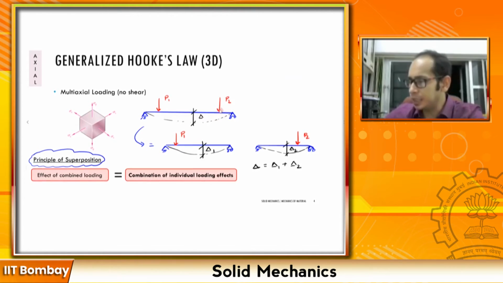Essentially what I did, I just took this beam and expressed it as a summation of these two separate loading conditions that I have over here. So this is the principle of superposition.